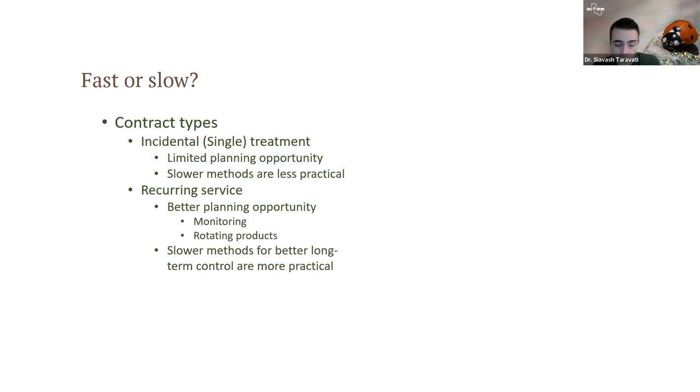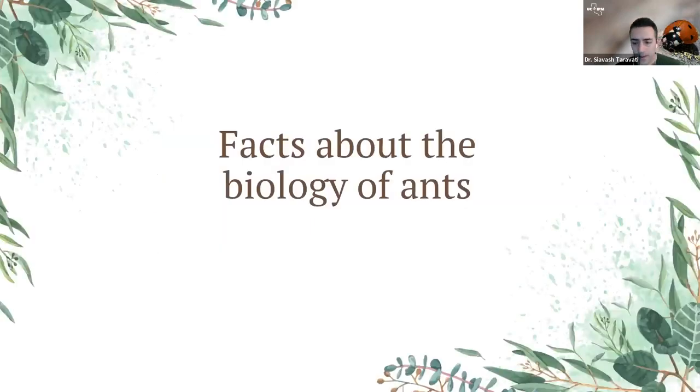But if you use slower acting active ingredients, which I'm going to talk about in later slides, then the customer needs to wait a little bit, but the results are much better. The long-term results are much more successful. Better control, yes.